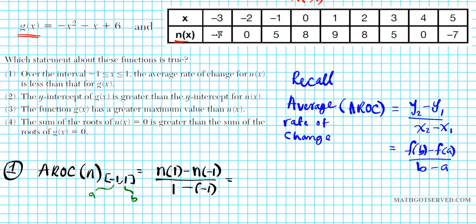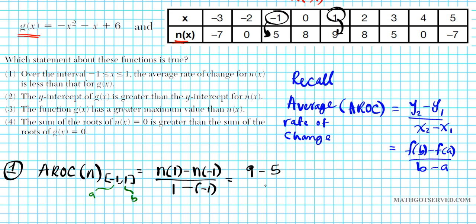n of 1 is the output when x is equal to 1 on your table of values for n. So when x is 1, what's your output? n of 1 is 9. So we have 9 minus n of -1, the output when x is equal to -1. So n of -1 is 5.